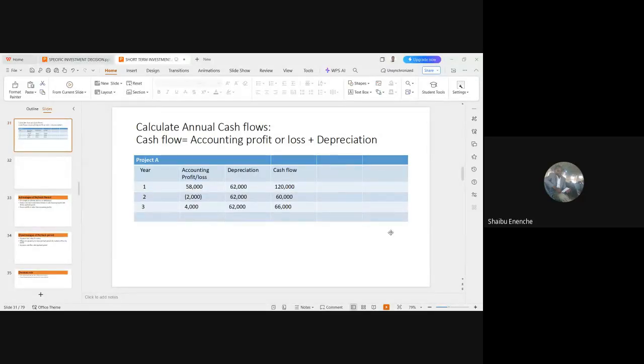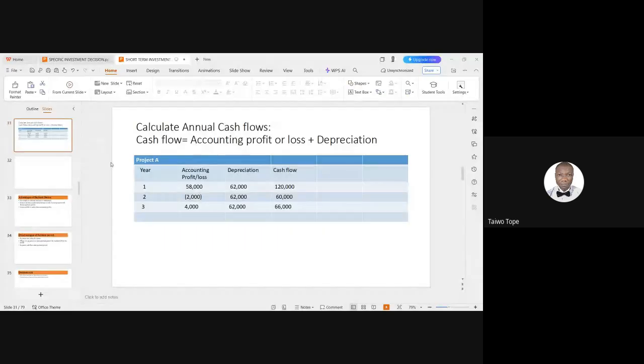Because I think whenever it is a loss, you take it out of the cash flow.